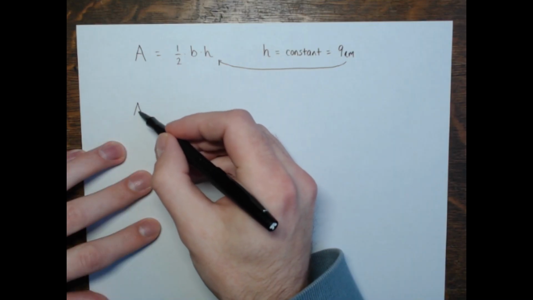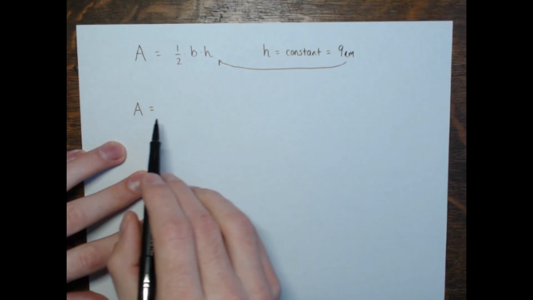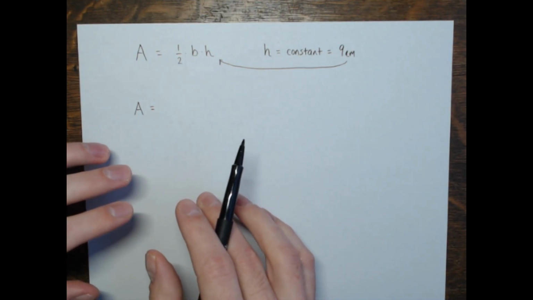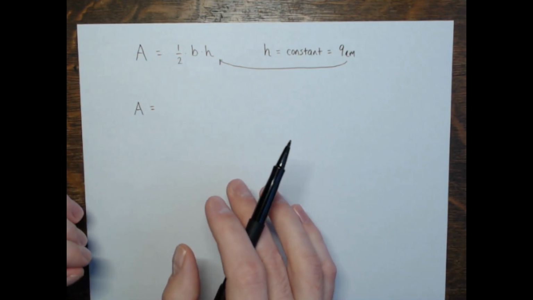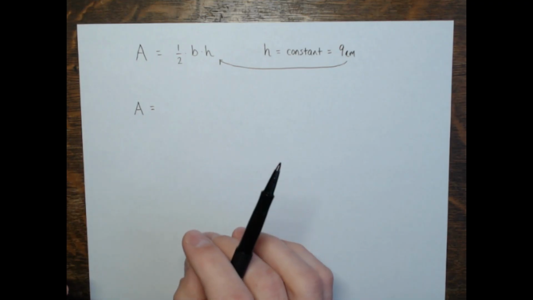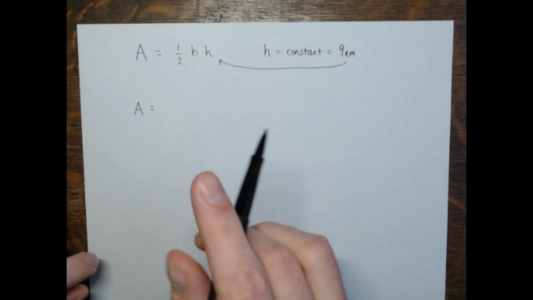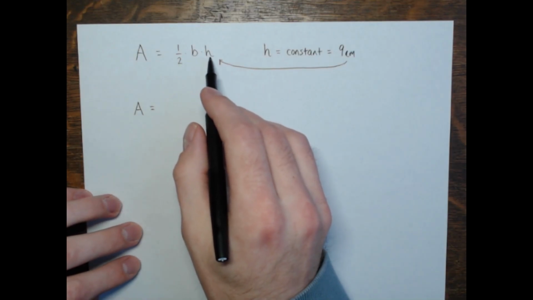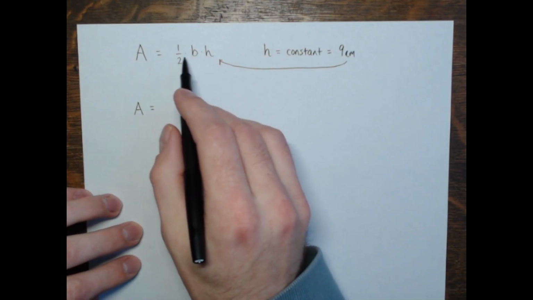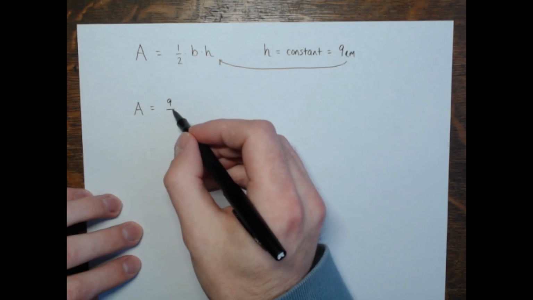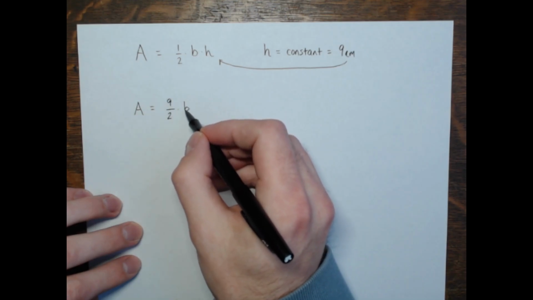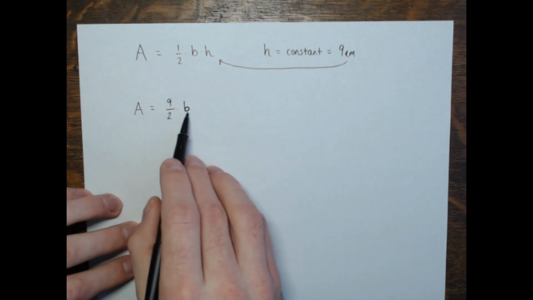Because all I really want in the beginning is a relationship between quantities that change as time goes by, quantities that are functions of time. So if I put in 9 centimeters here for h, this will be 9/2 times b. And now I have the things that are changing.